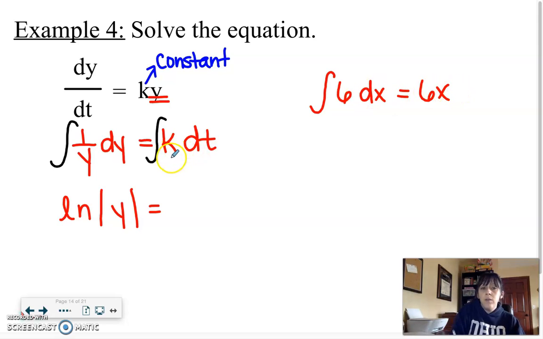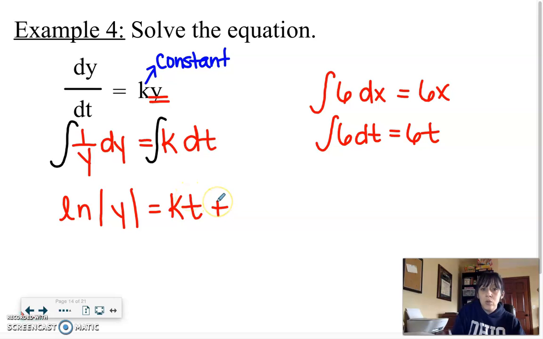So what's the antiderivative of k with respect to t? It would be kt, okay? Or you could look at this one more time. What would be the derivative of 6 with respect to t? It would be 6t, right? Well, we don't have 6's. We just have a k. So our answer is going to say k is some number, and t would then be attached to it.